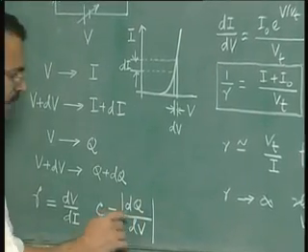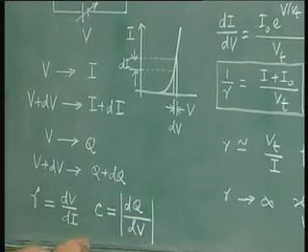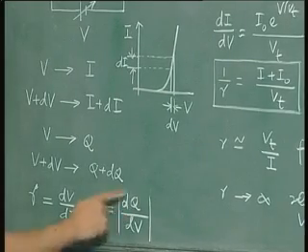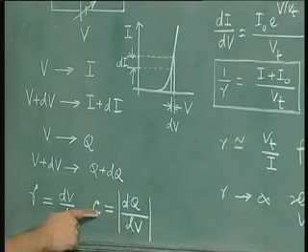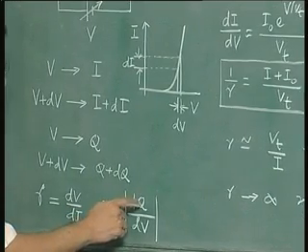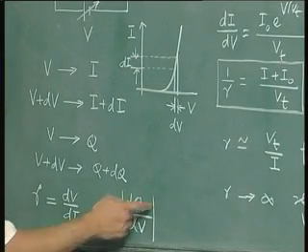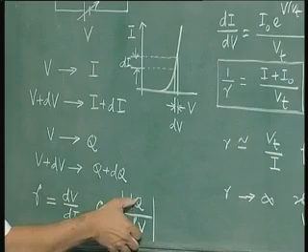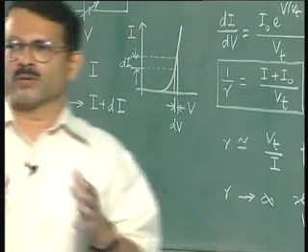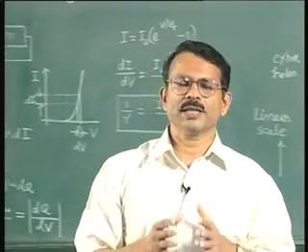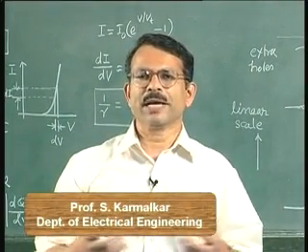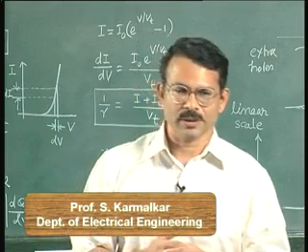That is why we normally put a modulus on this particular term to represent the capacitance. The capacitance is always positive, so you can either take the positive component or the negative component. If you take the negative component, this term will be negative, so you have to take the magnitude. So we will take the positive component of the charge for estimating the capacitance. In any capacitance, the positive and negative components will always be equal, because the device as a whole is charge neutral.